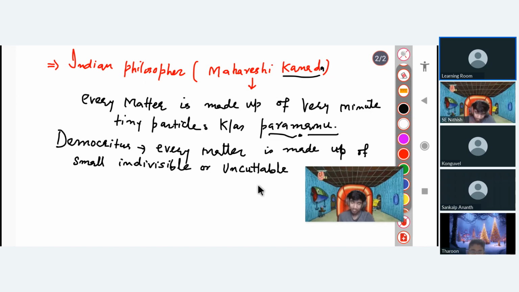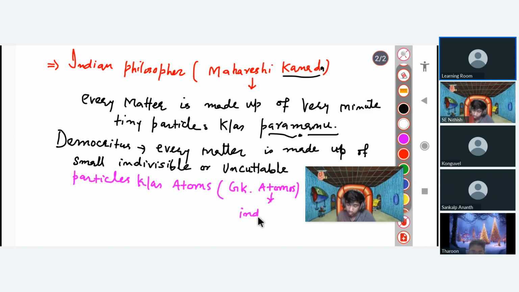According to Democritus, every matter is made up of small indivisible or uncuttable particles, and he called these tiny particles atoms. The Greek word atomos means indivisible, uncuttable, right?